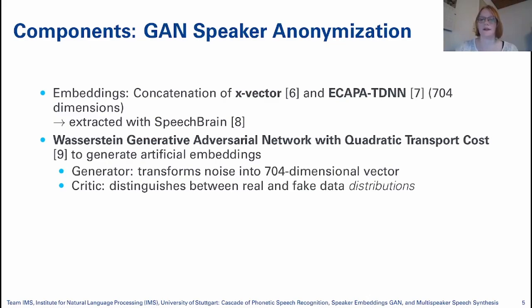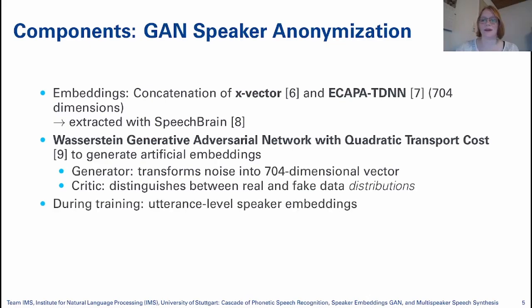So this is different in a Wasserstein GAN than an original GAN, because we are not distinguishing whether a sample is real or fake, but only whether the distributions are real or fake. And obviously our generator wants to generate vectors that are closer to the real data distribution so that the critic cannot distinguish them anymore.